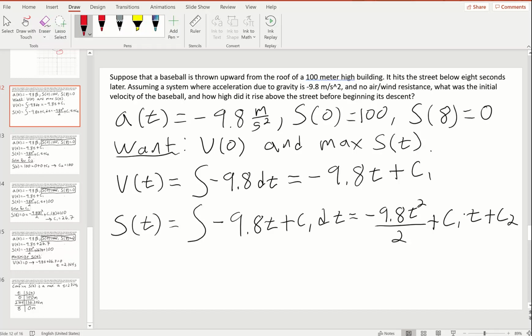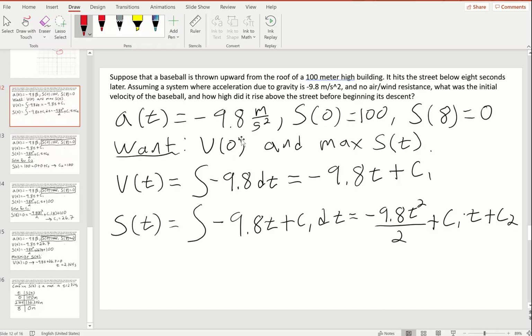So essentially, we're given a bunch of information. We're given the acceleration function, and that's a constant. We're given the initial position. So let's call S of t the position of the baseball above the ground at any time t. We're told that S of 0 is 100 meters, and that S of 8 is 0 meters. What exactly do we want?